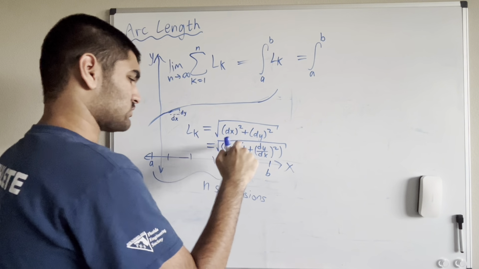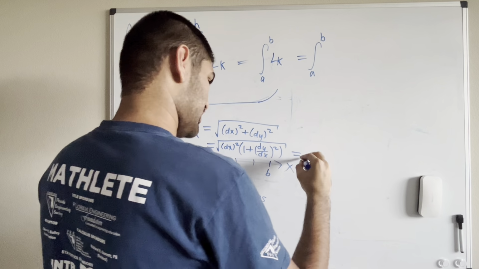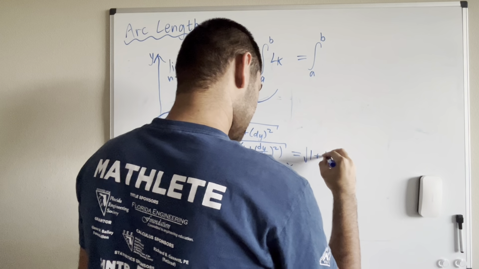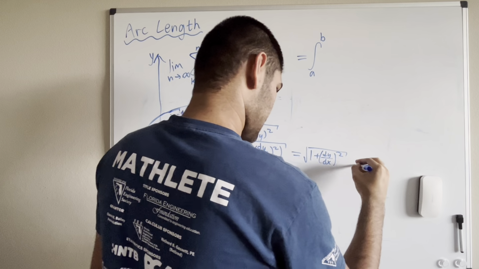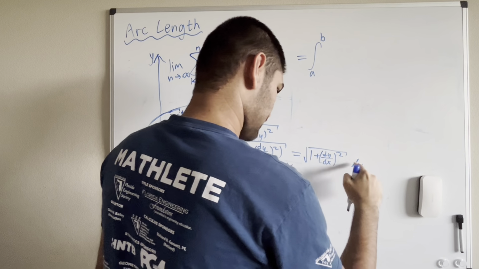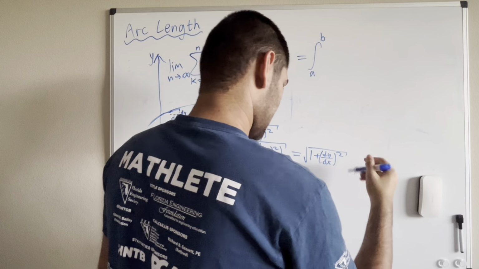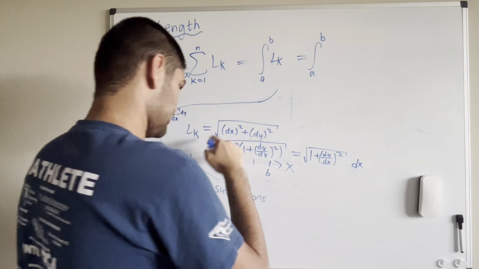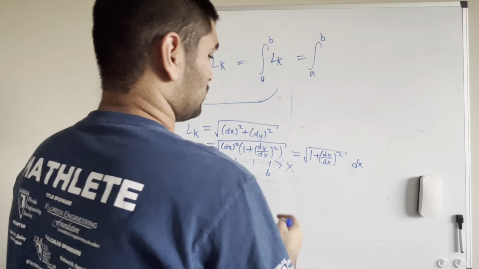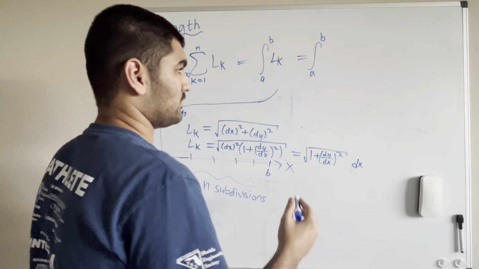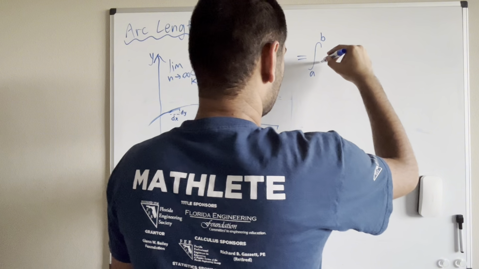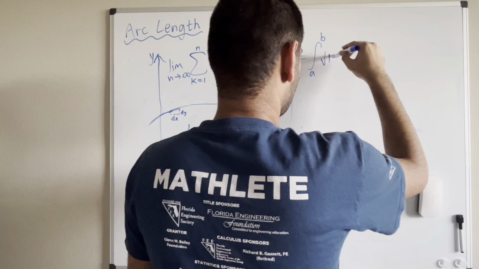Then I can take this dx squared outside of the square root to get the square root of 1 plus (dy/dx) squared, times dx, right? Because I factored the dx squared outside, and the square and the square root cancel, so you have the dx outside. And all this is still equal to L sub k. It's still equivalent. So it's just equal to the integral from a to b of this expression.